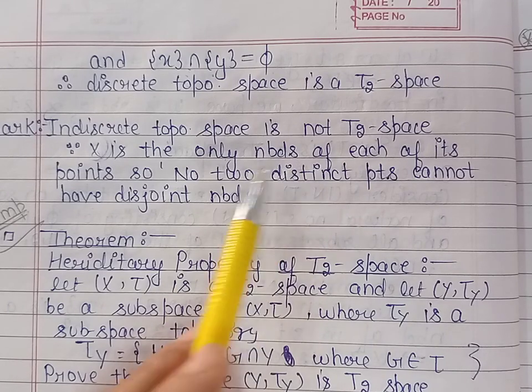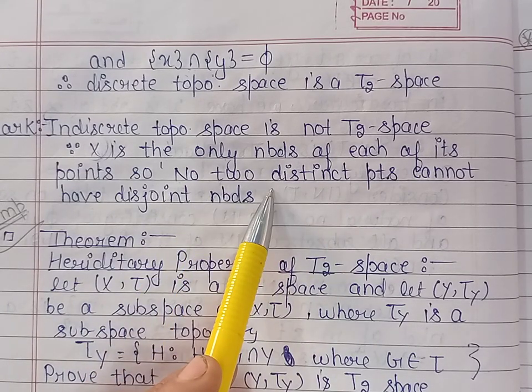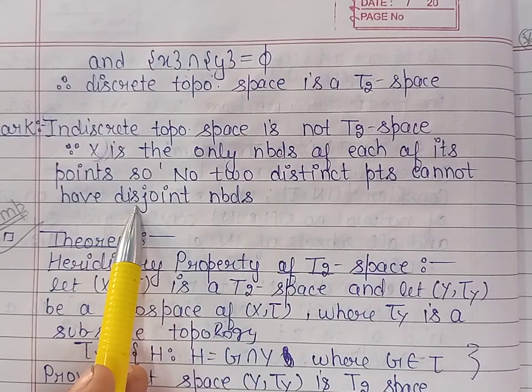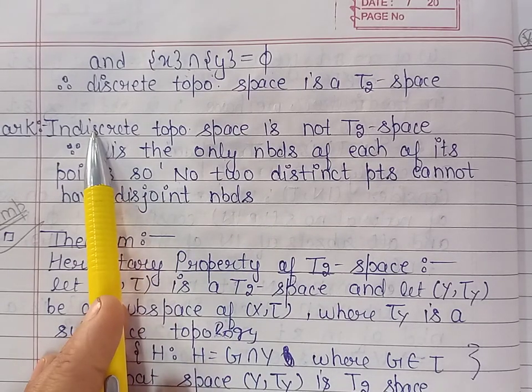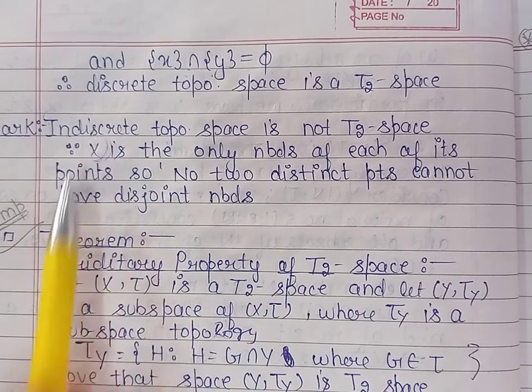So we can say that no two distinct points have disjoint neighborhoods. So this topological space is not T2.